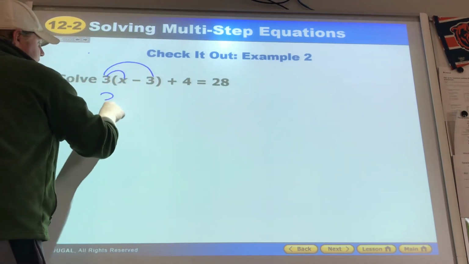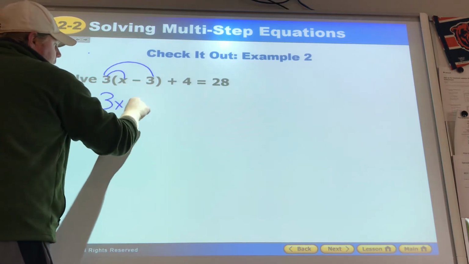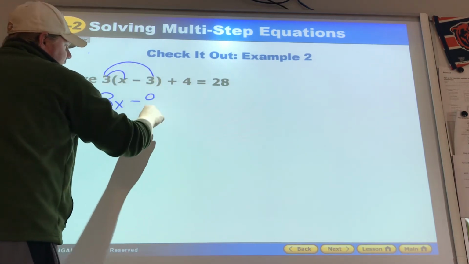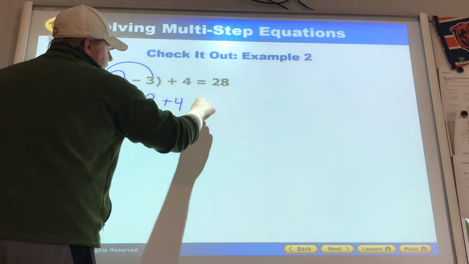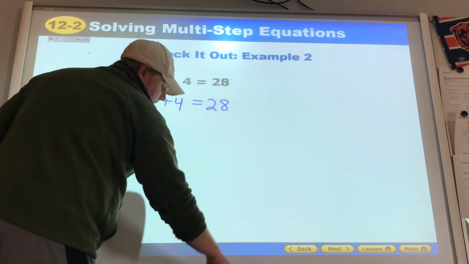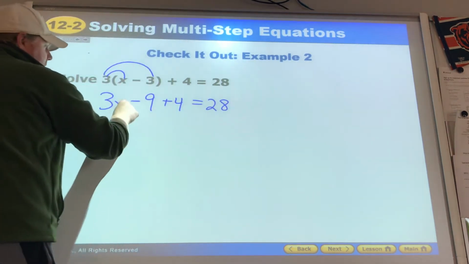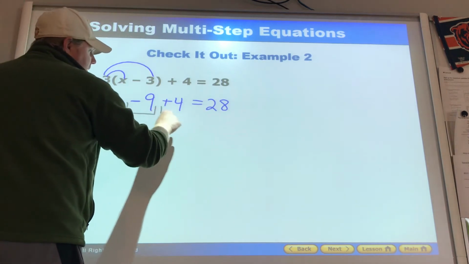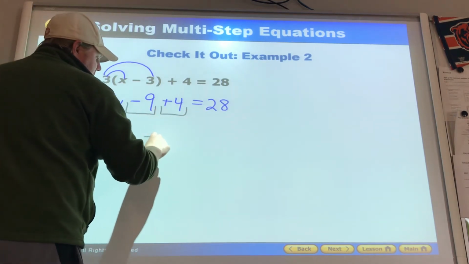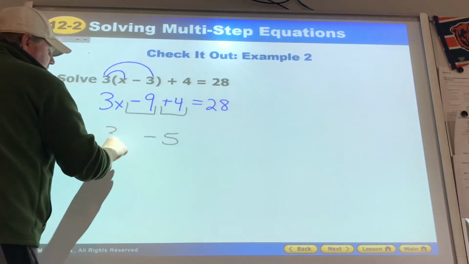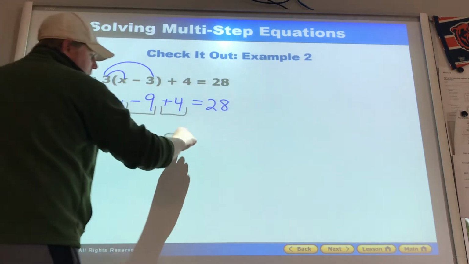3 times x. 3 times 3 is 9, plus the 4 equals the 28. I think it's dangerous to do all that combining in one step. Negative 9 and positive 4 gets me a negative 5. Bring down what you didn't work with.